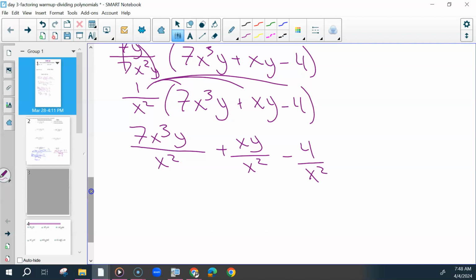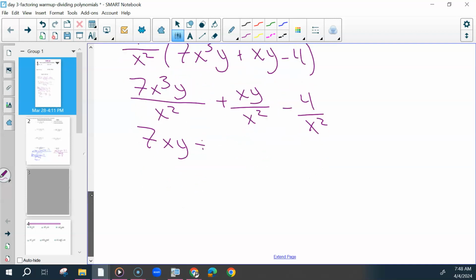What would this simplify to? 7xy. Okay, the next one. Would it be 1 over x? The y wouldn't disappear. 1 over x. And then this wouldn't simplify. And that would be your final answer.